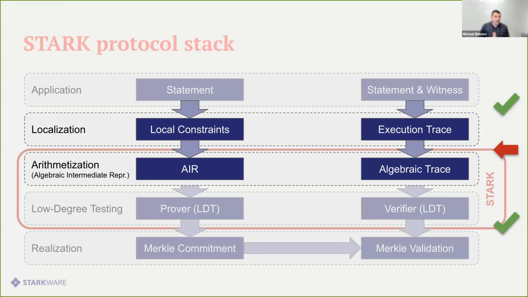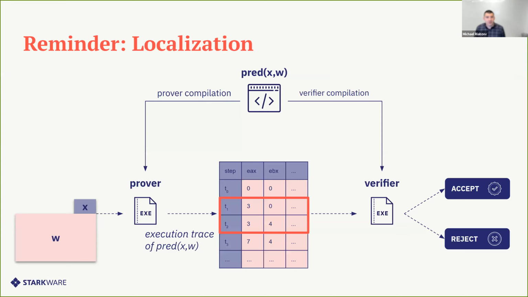So now we've seen this story and the idea of how arithmetic construction, algebraic construction can be verified succinctly. So we'll go back up the stack to see how we can take our localized construction from before and get it closer to something algebraic. So before, remember what we did?